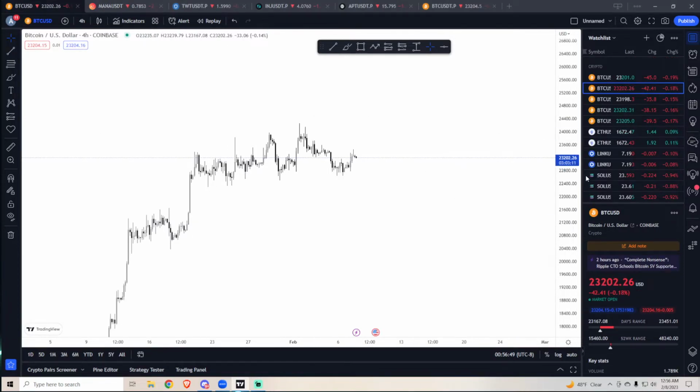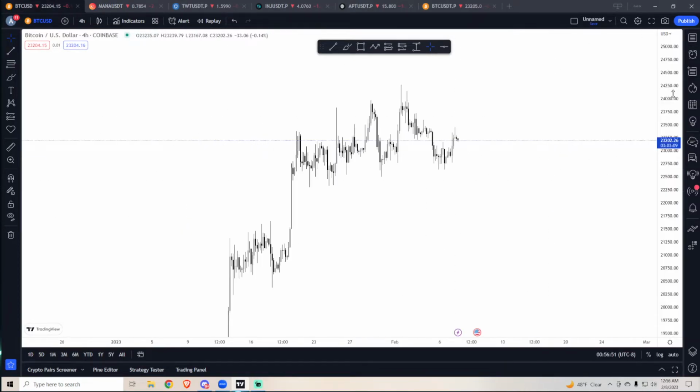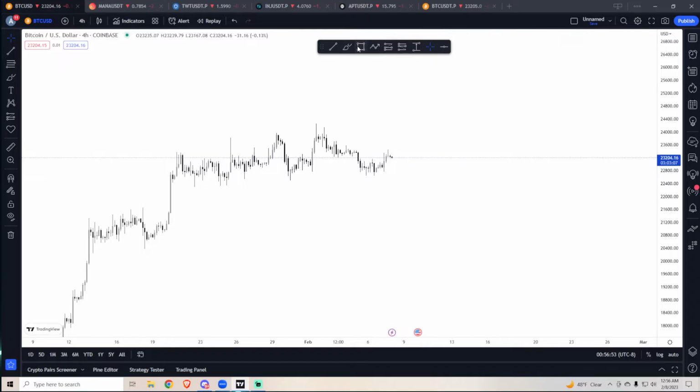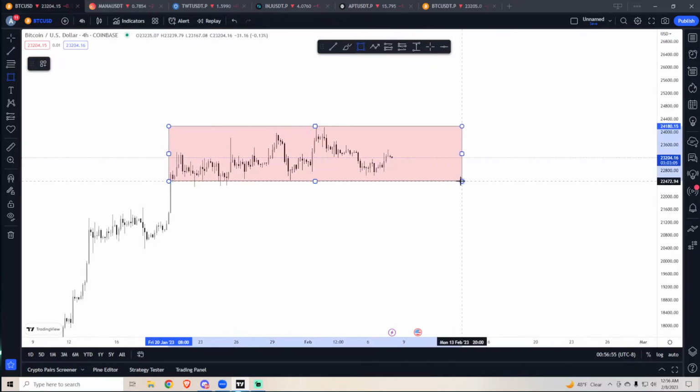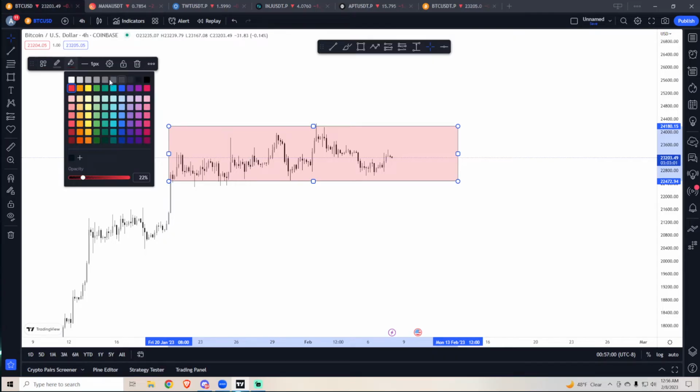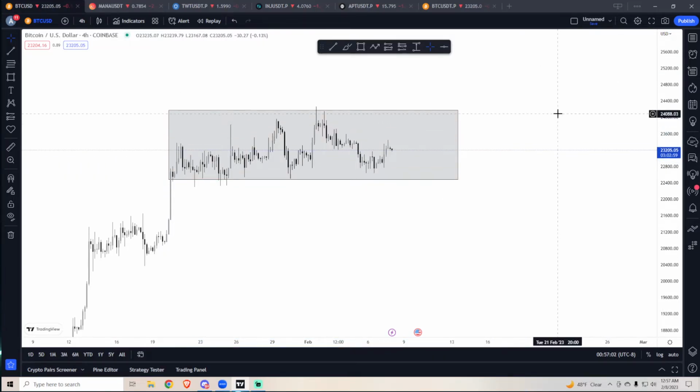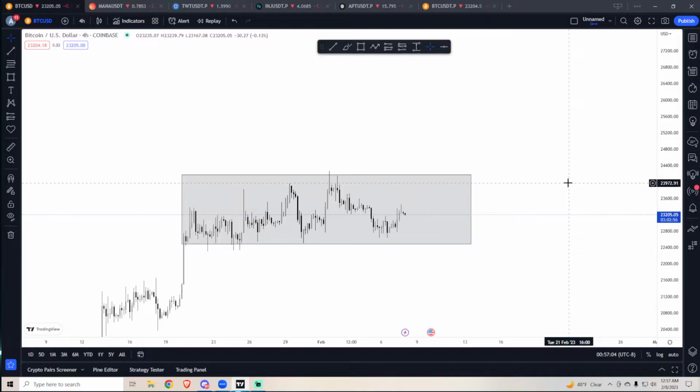Let's look at Bitcoin for example. You have a range here, right? And you're trying to get into, or you want an entry into, whether you want to long something.